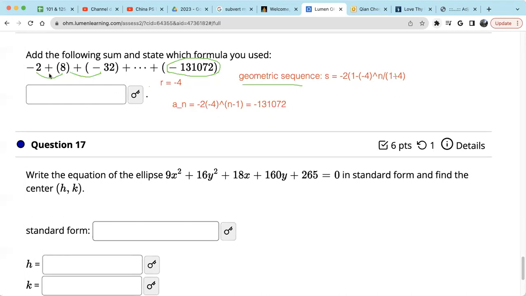So first, let's divide by -2, because both sides have -2 as a factor. So we divide by -2 on both sides.